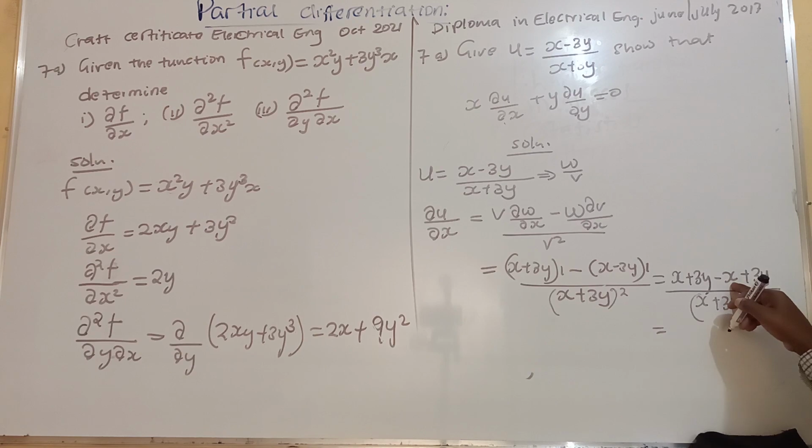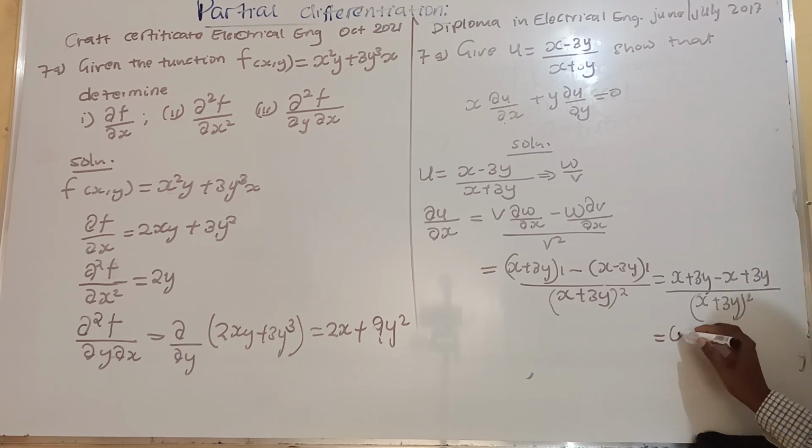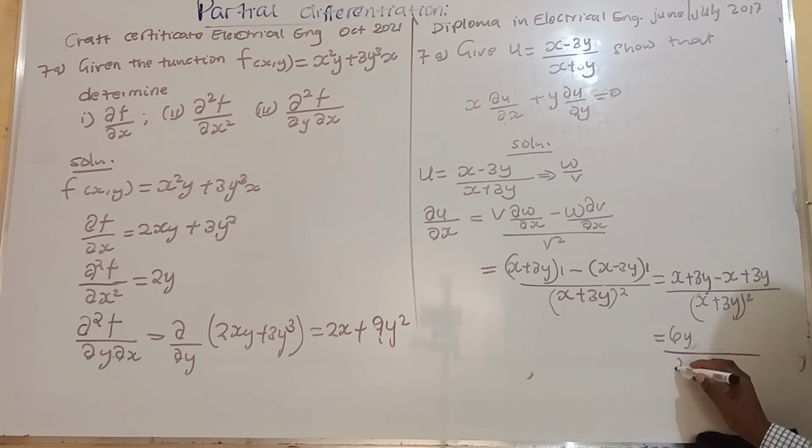This and this disappear, leaving 6y over x plus 3y squared.